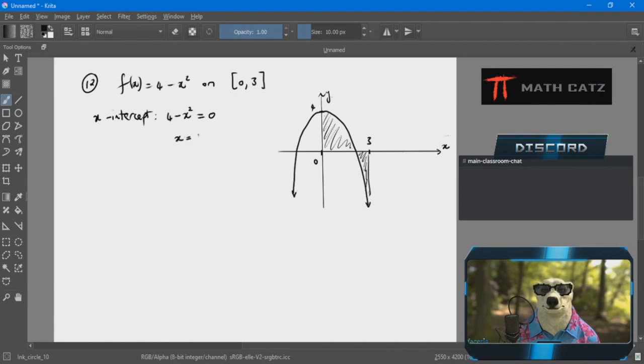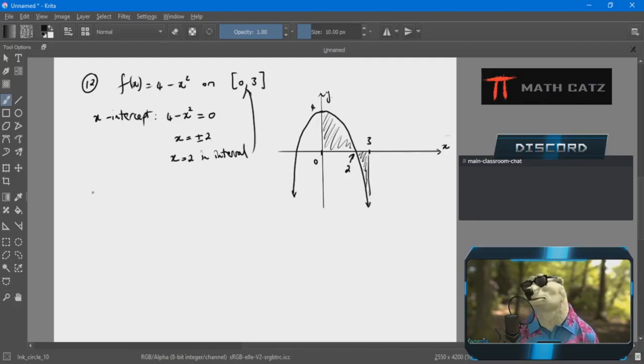I get x equal to plus minus 2. So that means this guy is sitting in my interval. X equal to 2 is in the interval that they give me. I don't care about those that are not in the interval. That's completely irrelevant to me to calculate this area.